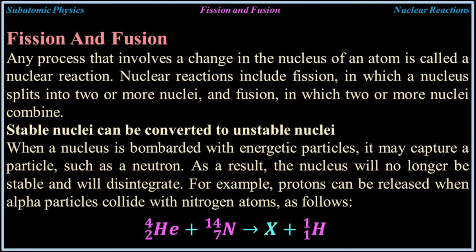For example, protons can be released when alpha particles collide with nitrogen atoms as follows. The helium atom plus the nitrogen 14 will yield X plus hydrogen.